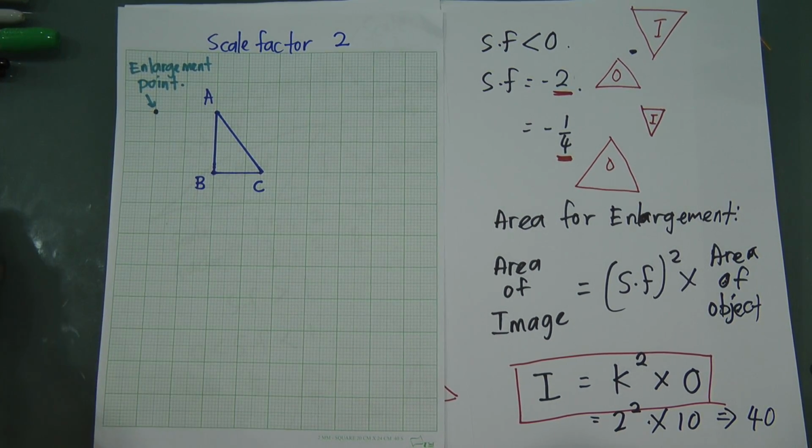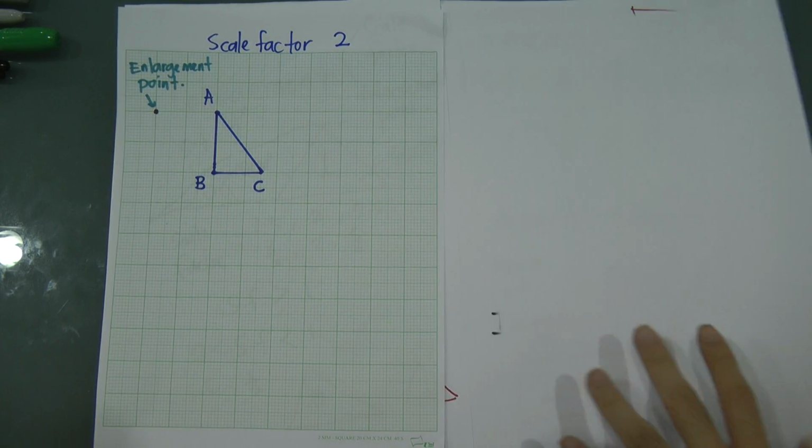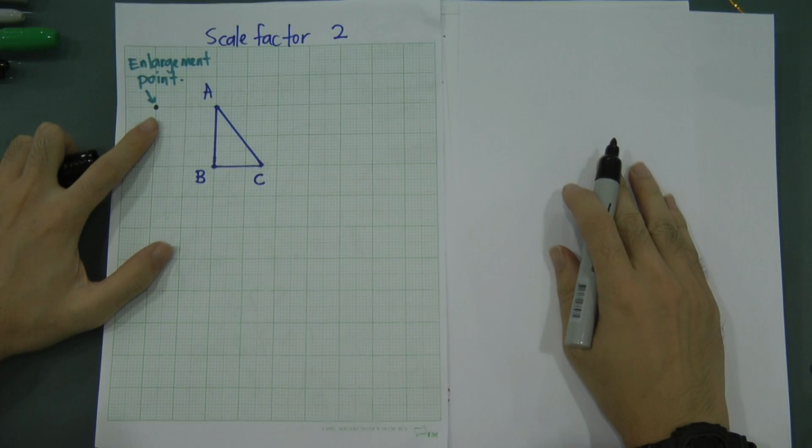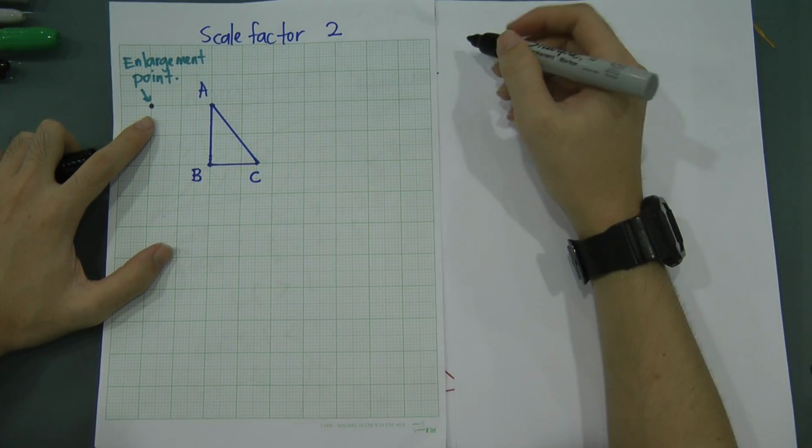I'm going to teach you the translation method also, because after trying so many ways, the translation method is easier for students to understand. Let me take one piece of paper first. This is the enlargement point.